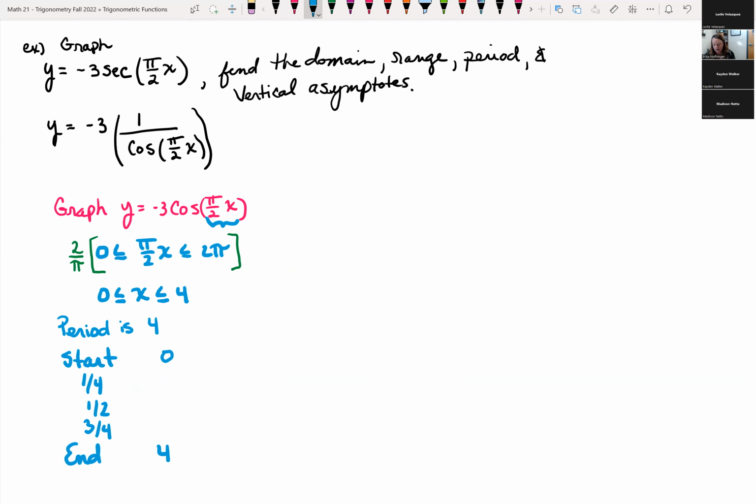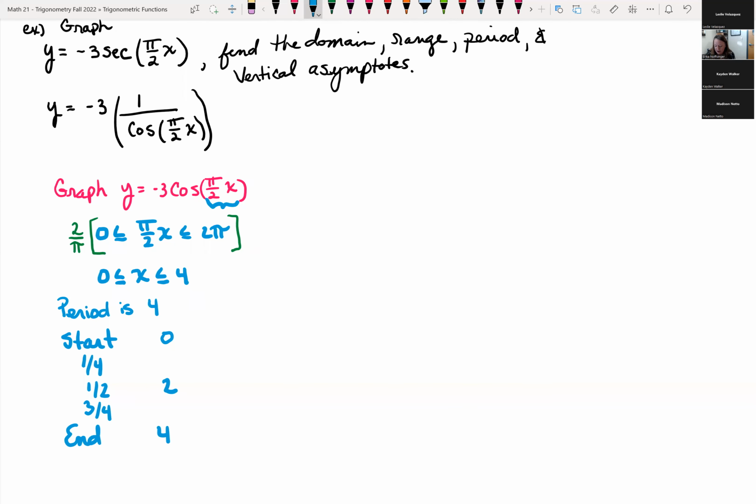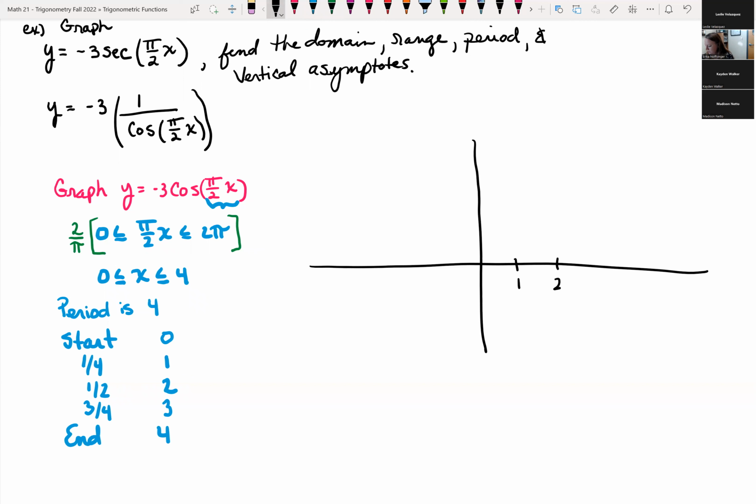And so our half value between 0 and 4 is 2. Our half value between 0 and 2, which gives us our quarter value, is 1. And our half value between our halfway mark and our end mark is 3, our 3/4 value. So graphing that piece, we have 1, 2, 3, and 4.